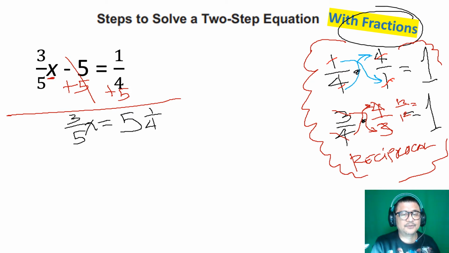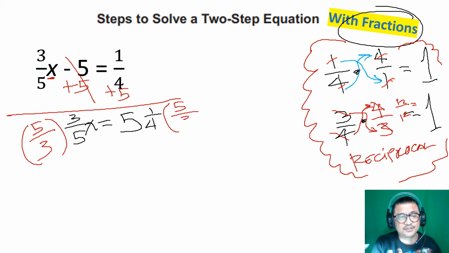Okay, so how do I get rid of 3/5 so that x will be alone? Remember reciprocal, multiply the left by 5/3 and I'll multiply the right by 5/3. That's the reciprocal of this.